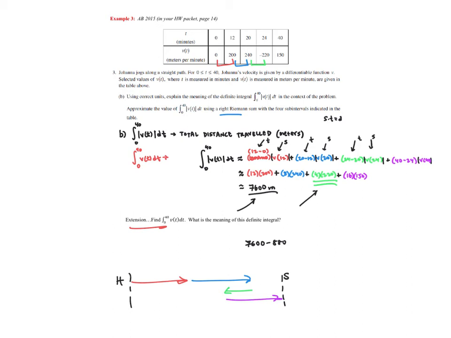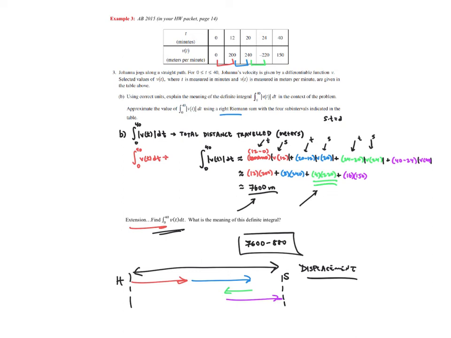But if we just find the distance from home to school, that's called the displacement, which is the actual distance between start and finish, not including any mishaps in direction. So this is displacement, whereas absolute value is total distance.